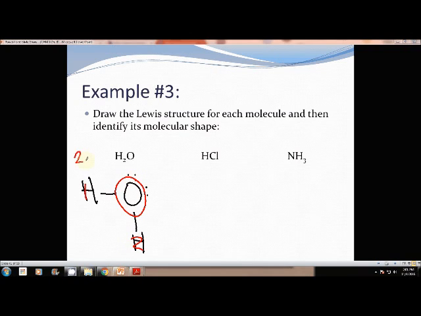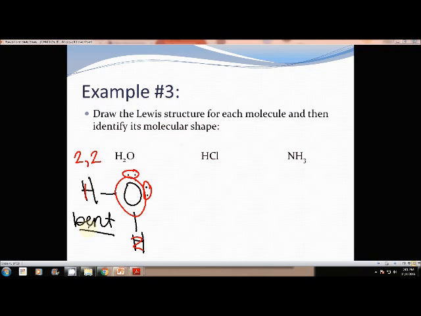So our first number would be 2, comma, how many unshared pairs are on the oxygen? 2. We have 4 total electrons, but that would make 2 pairs. So it's going to be a 2, comma 2. So what's that called on your handout? Bent. Okay, so that's what we're doing there.